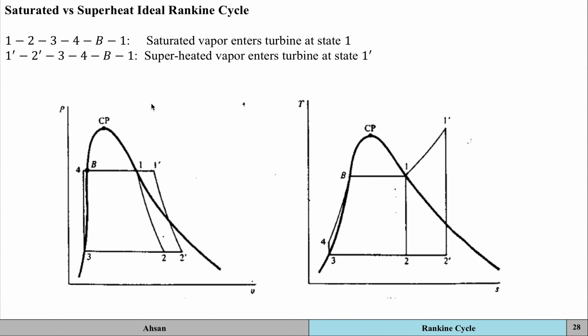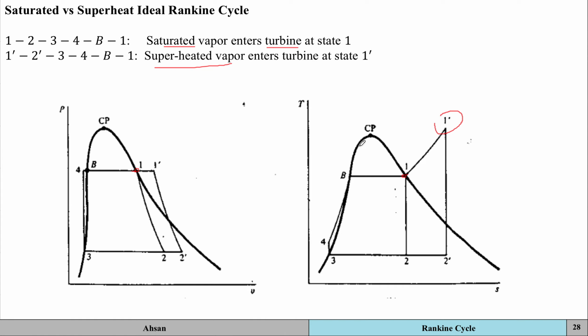So then you can make a modification in your Rankine cycle, and instead of having a saturated vapor entering the turbine at state 1 over here, you've got a superheated vapor that's going to enter into the turbine, and that's being represented by state 1 dash over here.